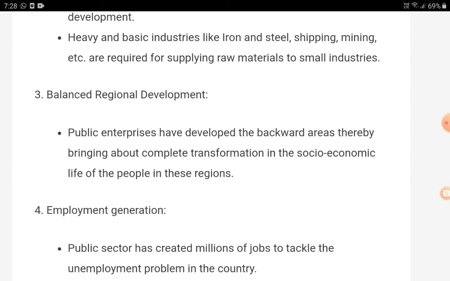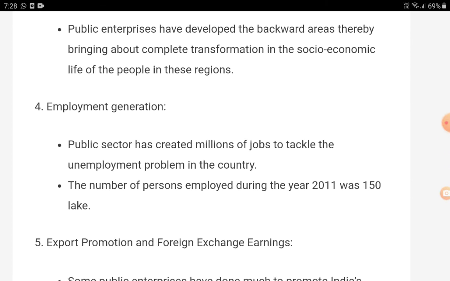Public enterprises have developed the backward areas, thereby bringing about complete transformation in the socio-economic life of the people in these regions. Next, employment generation. Public sector has created millions of jobs to tackle the unemployment problem in the country. The number of persons employed during the year 2011 was 150 lakhs.